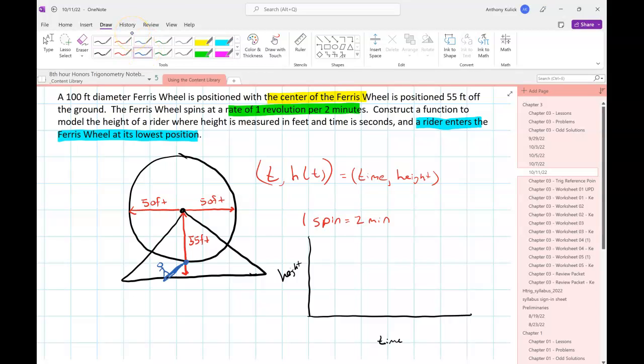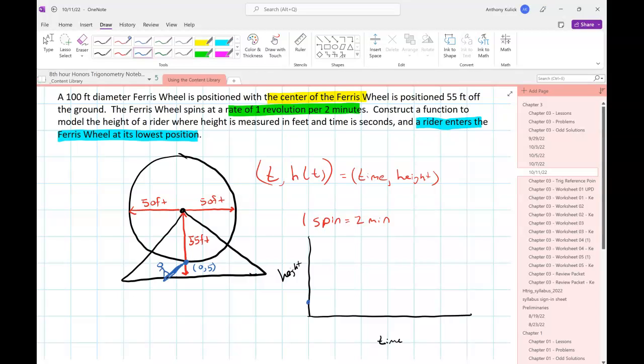So our first point would be here as you're entering the Ferris wheel at time 0. What's the height of the person at time 0? It's not 0. It's 5. How could you tell that? 55 minus 50. Good. The radius of the Ferris wheel is 50, and it's 55 feet off the ground from the center. Okay.